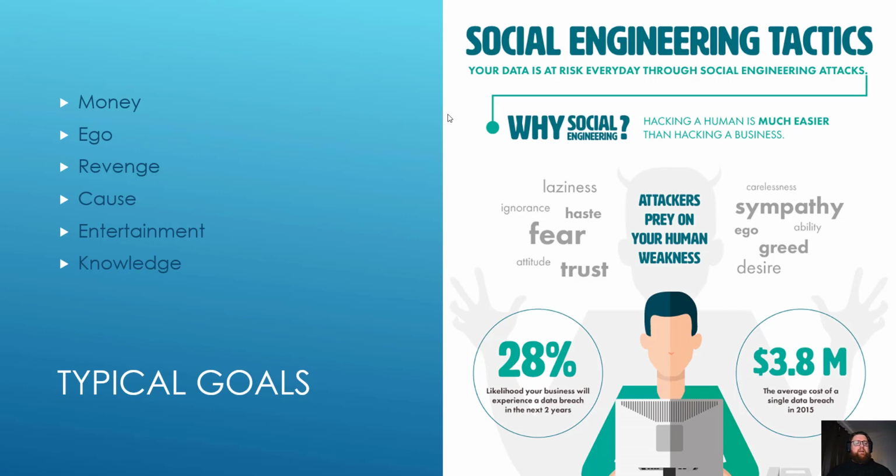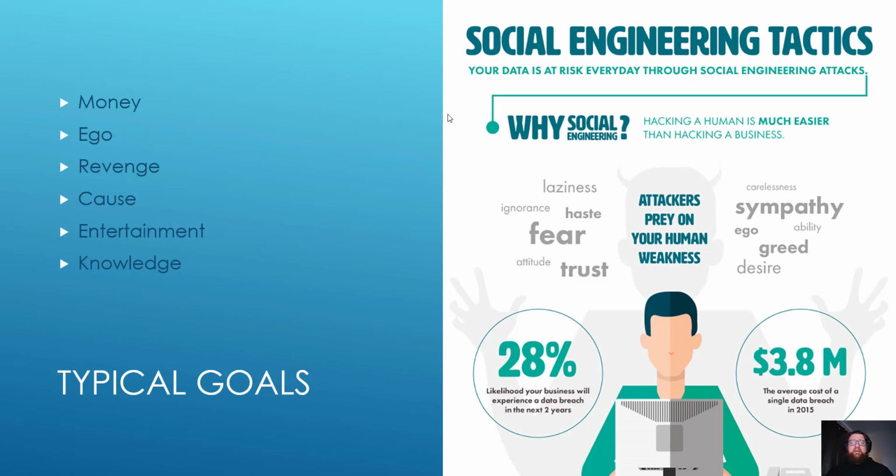So typical goals, why do they do that? Some hackers, some black hats, some attackers do it for money, another for ego, like I know how to do it, I'm the best one, and I'm going to do that. Another one's for revenge. Well, it's very hard to happen, but it could happen.